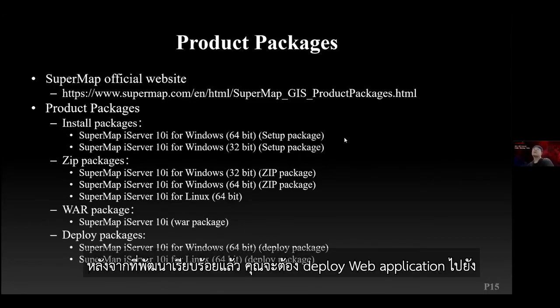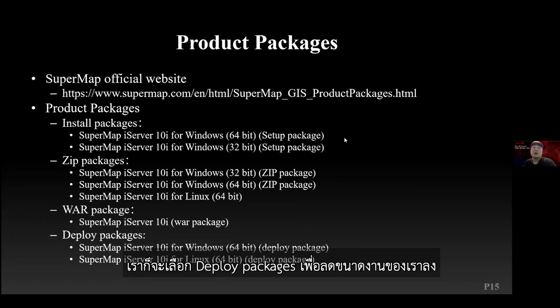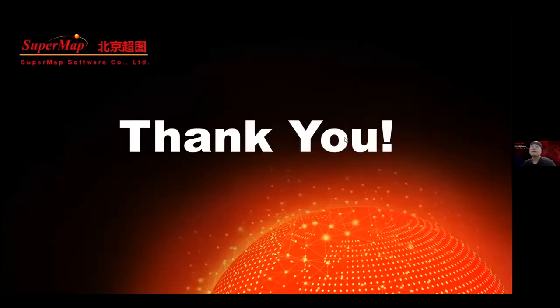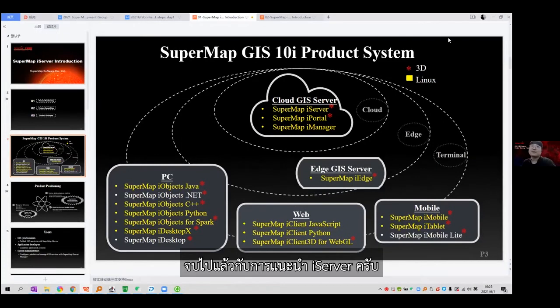So after the development, when we need to deploy our web application to the production environment, to the server, we can choose to use the deploy package to reduce the volume of our project. Okay, that's the brief introduction of SuperMap iServer.